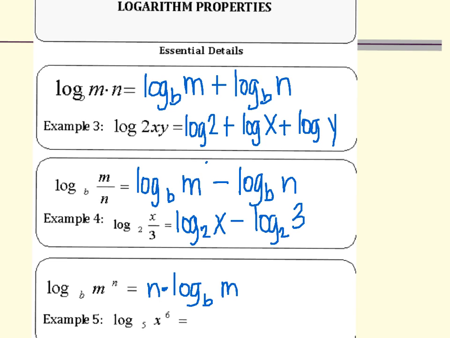So looking here, we've got x to the 6th power, so we're going to move this 6 over to the front. So it'll be 6 times log base 5 of x. So we're going to use this to help us expand logs, and it makes solving and simplifying quite a bit simpler.